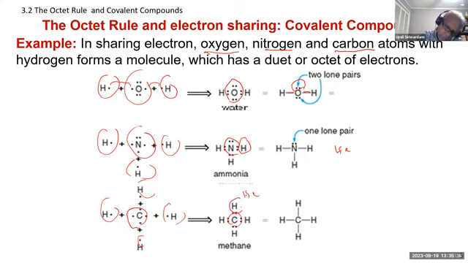Hydrogen has a duet, so therefore the stable octet rule is achieved. This is the two-way ionic bond, covalent bond, how the elements react to form compounds.